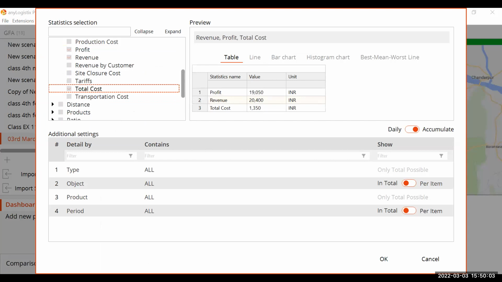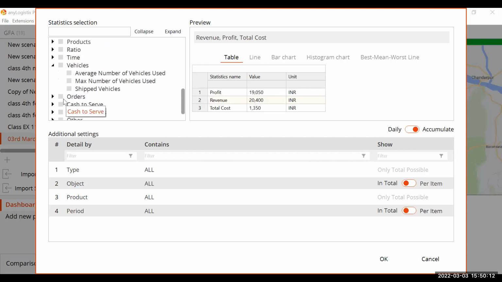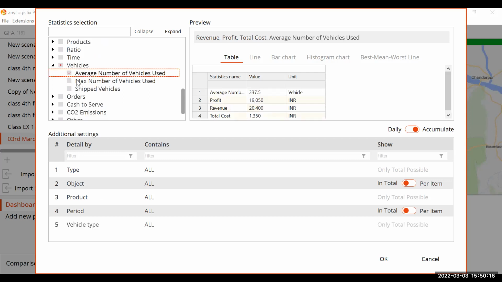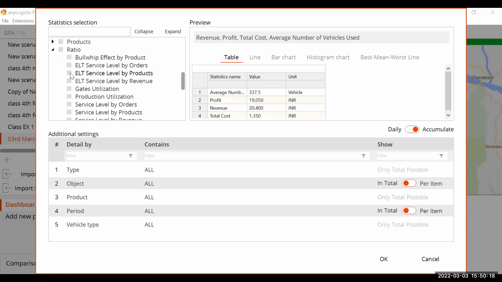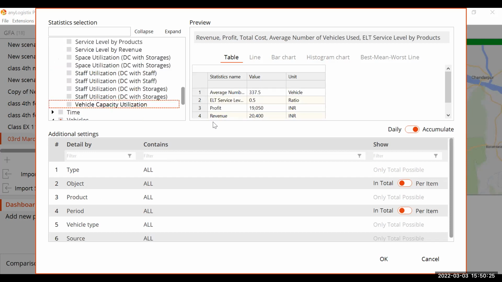Then what else is there? Cost of ELT level, vehicle uses. Vehicles, average number of vehicles used, ratio to the products, like capacity utilized.